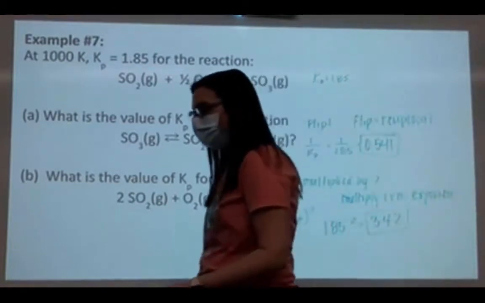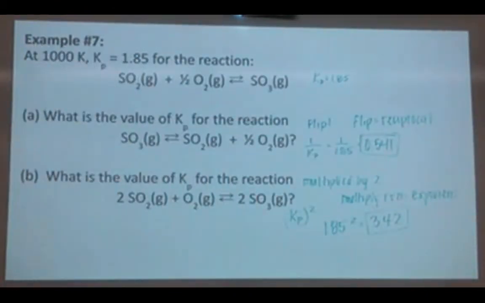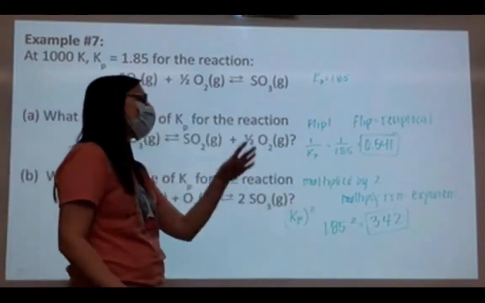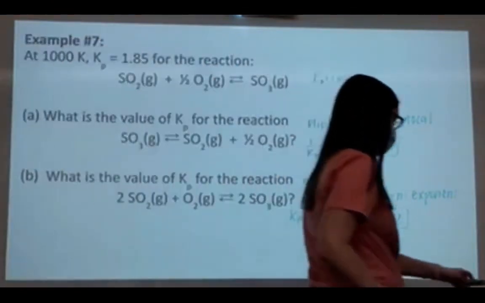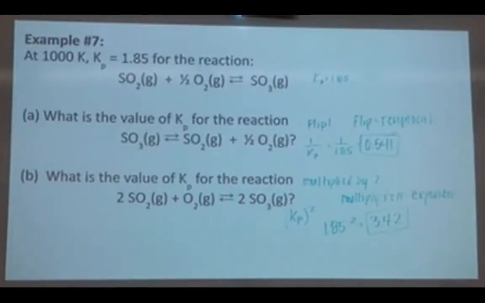So when you are manipulating K, you're using reciprocals, exponents, and then if you want to add 2 reactions together, you're multiplying K. Okay, so that's looking at how we can manipulate equilibrium constants. So then we're going to look at solving again. So solving for the equilibrium constant expression.